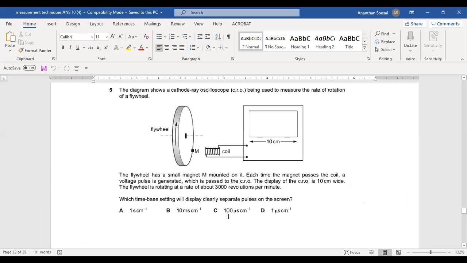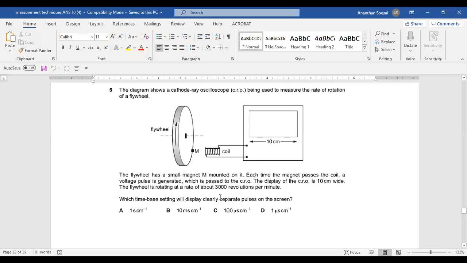How about C? 100 microsecond divided by 20 millisecond. Change both to the same unit. 100 microsecond is 0.1 millisecond, right? 0.1 millisecond divided by 20 millisecond is very little.